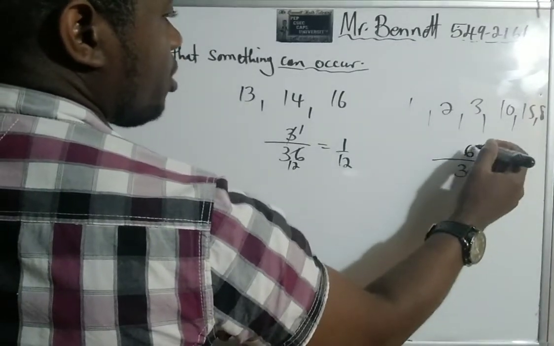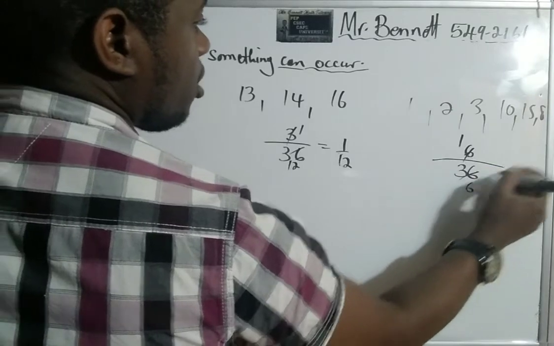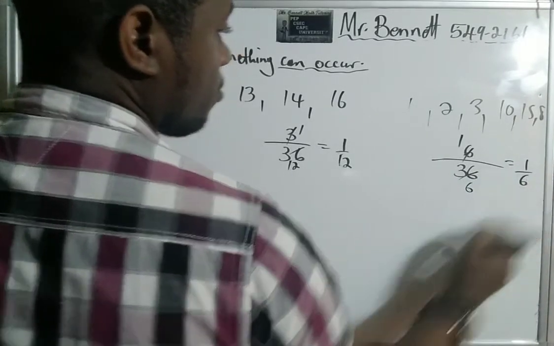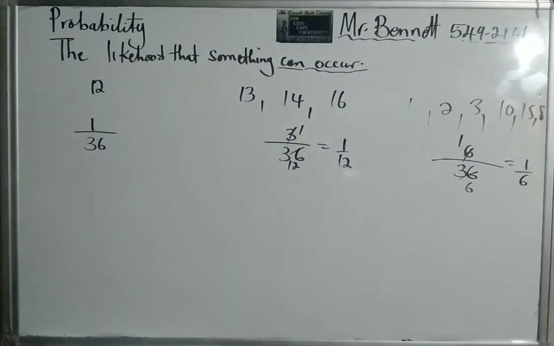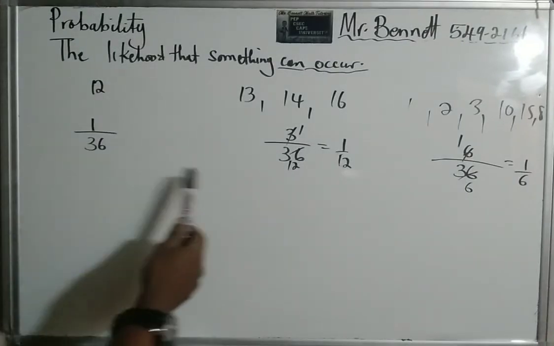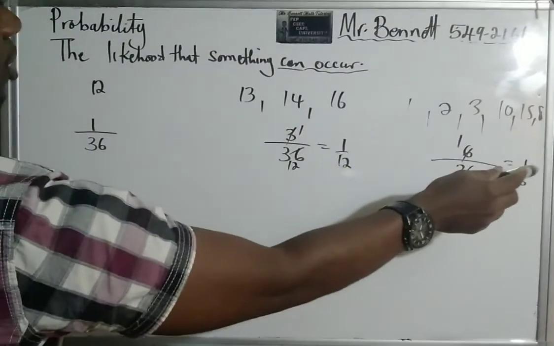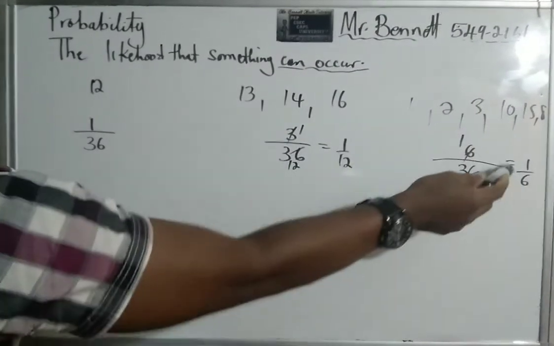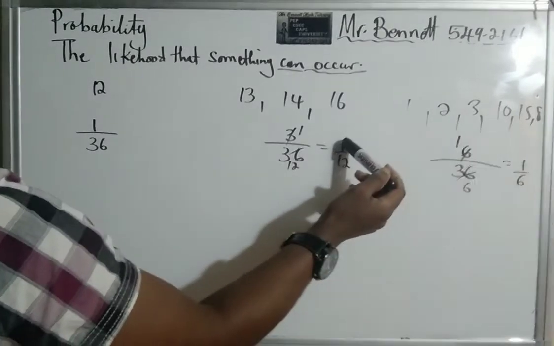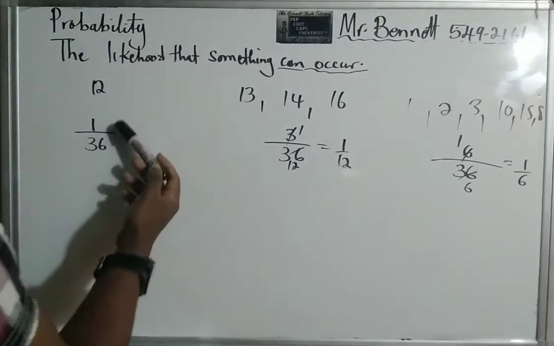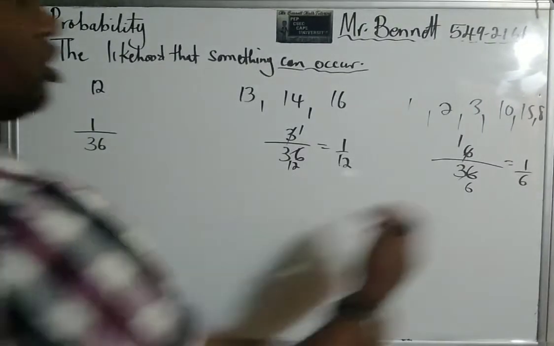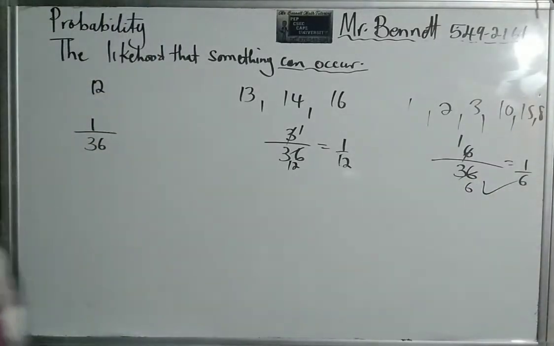So the likelihood of this person winning would be 1 out of 6. So guys, I hope you're following. You notice that the denominator, when I break it down, this person would have 1 out of 6. That is better. And this person has 1 out of 12, while this person has 1 out of 36. So this person would be more likely to win.